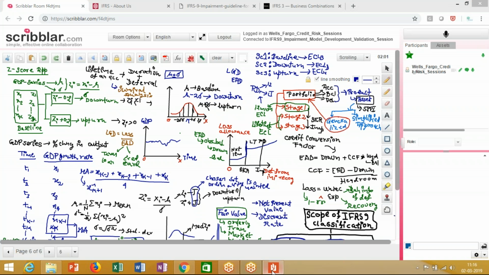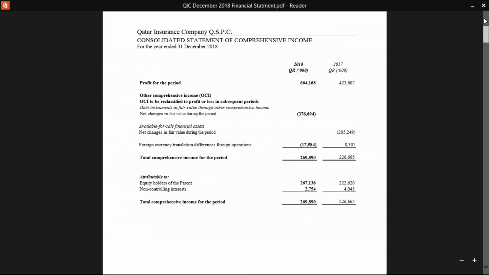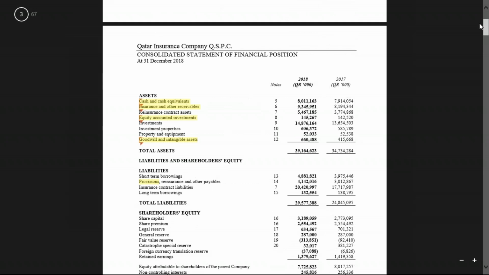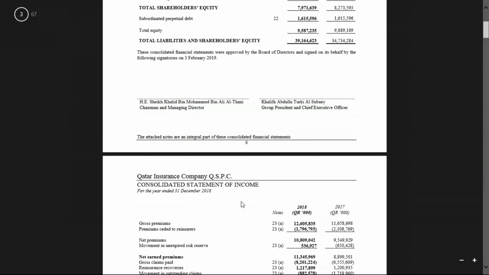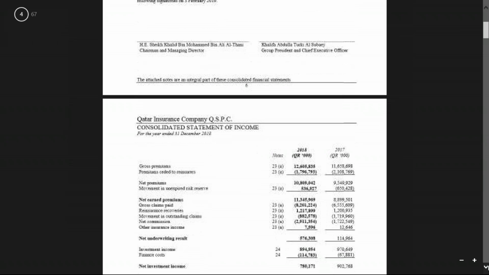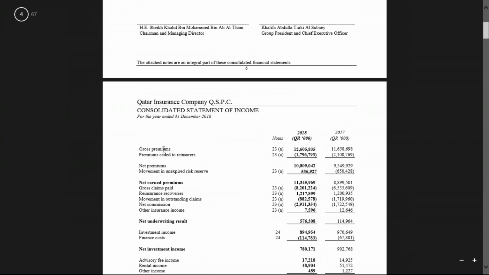Fine. Okay. So to understand this, Minmoy, let's have a look into this income statement. Now, what is the income statement? The income statement for this insurance company shows the realized incomes, right? The gross premiums that have been received by the firm.